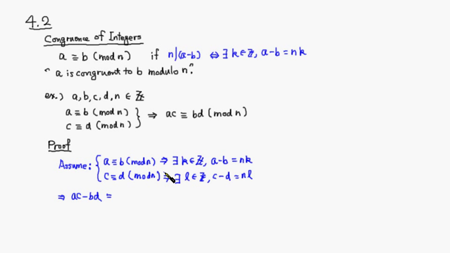What we want to do is somehow get n involved. Currently there's no n, so the way to involve n is to use these two equations.